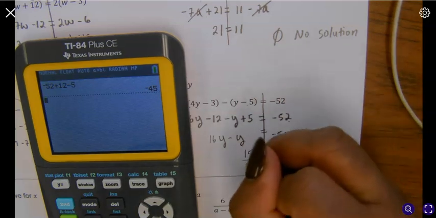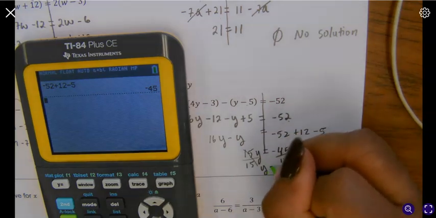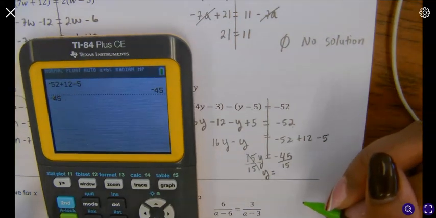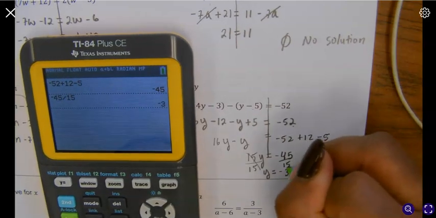Alright, and then last step, 15. Negative 45 divided by 15 is negative 3.